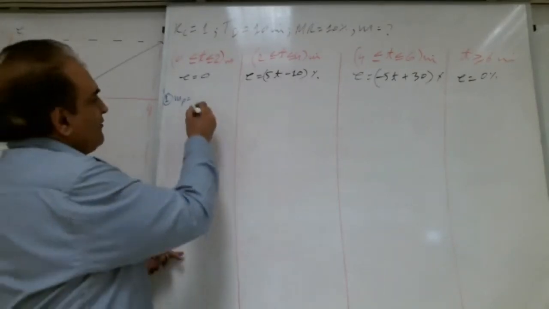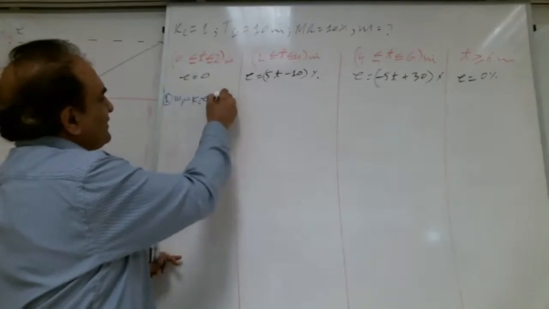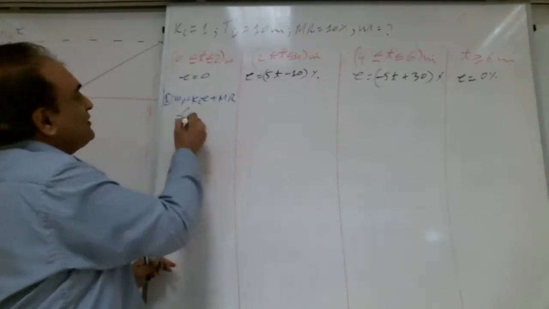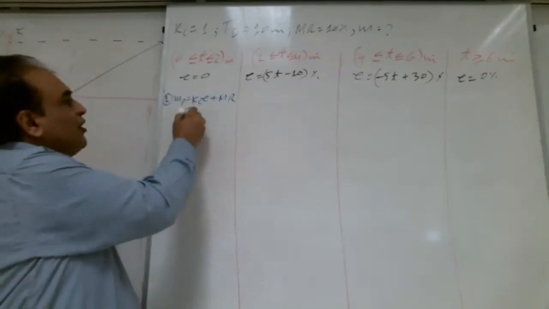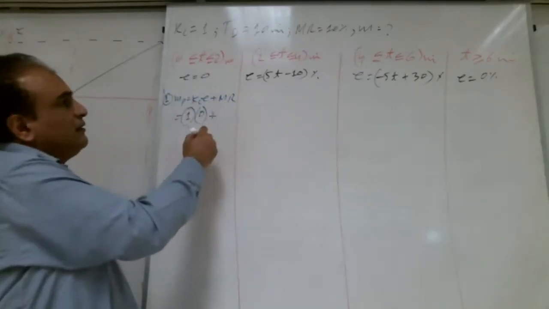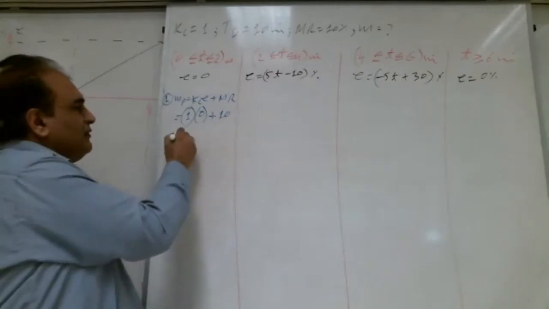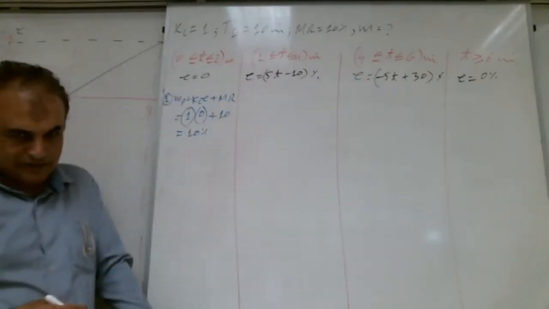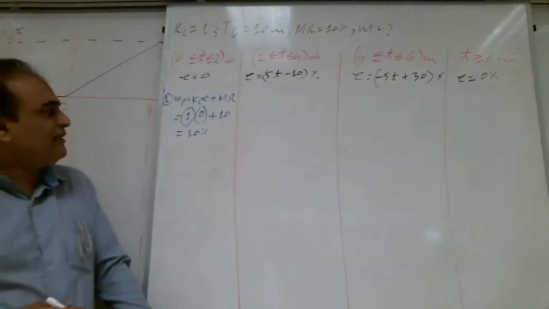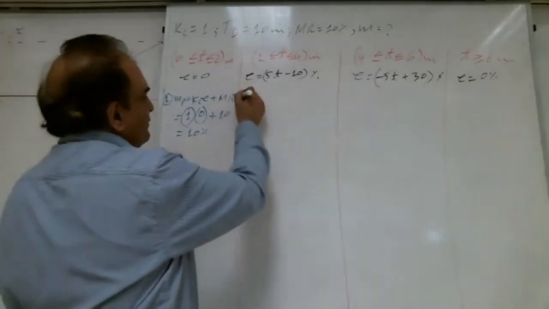KC times error plus MR. Very good. A lot of brothers are writing KC times error plus MR. What is KC? 1. How much error? 0. How much MR? 10%. Altogether 10%.